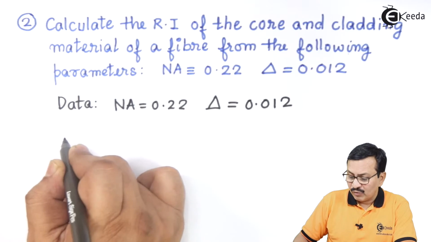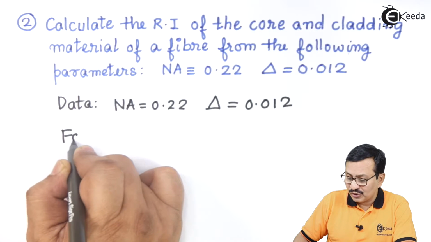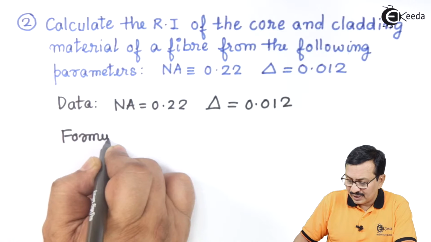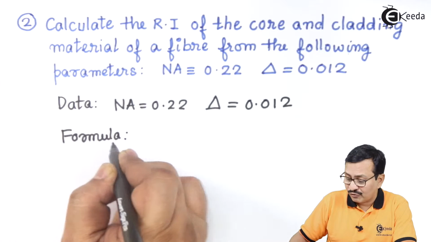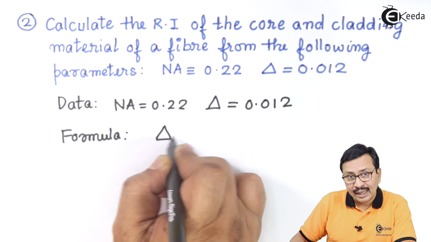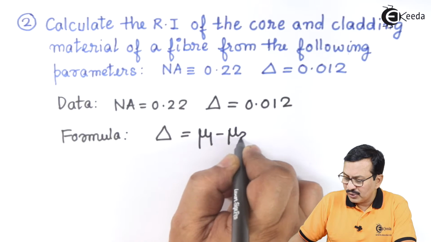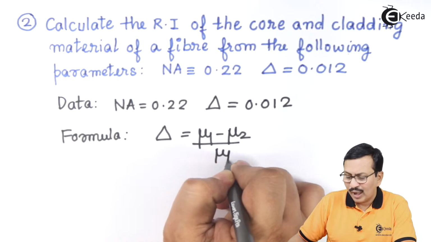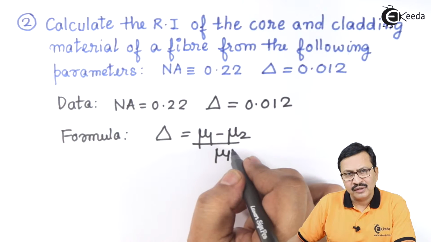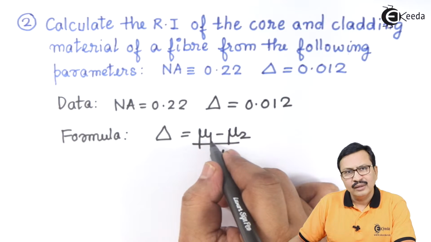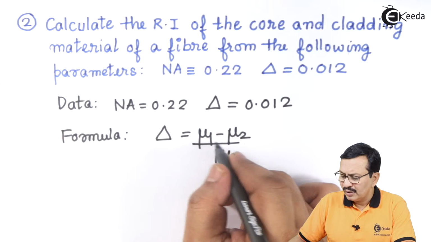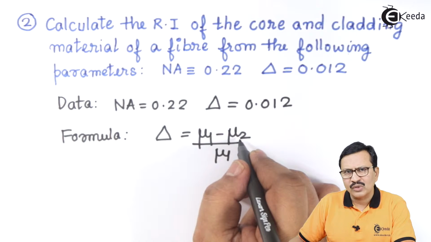0.012. And what is the formula that we have to utilize for this one? The formula that we have to utilize is, the first formula is delta is equal to mu1 minus mu2 divided by mu1. This is the fractional refractive index. Mu1 is the refractive index of the core, mu2 is the refractive index of the cladding.